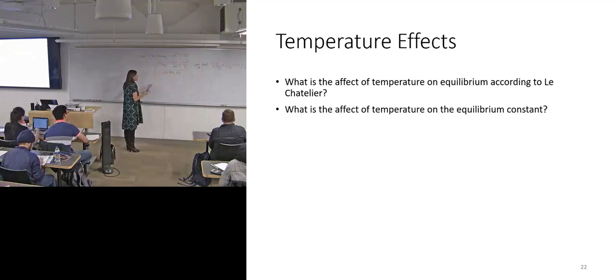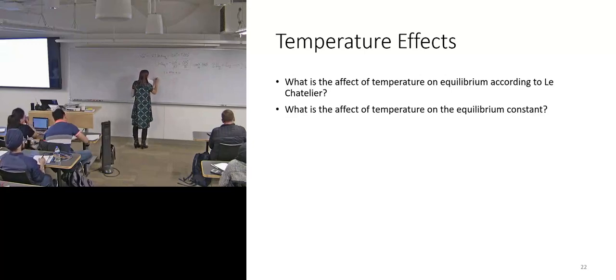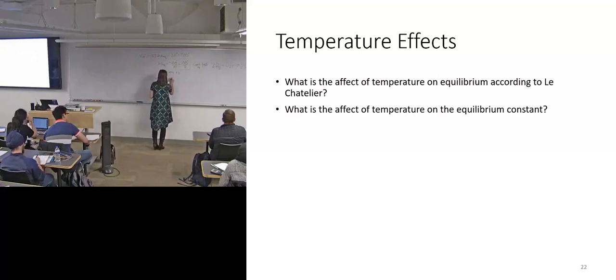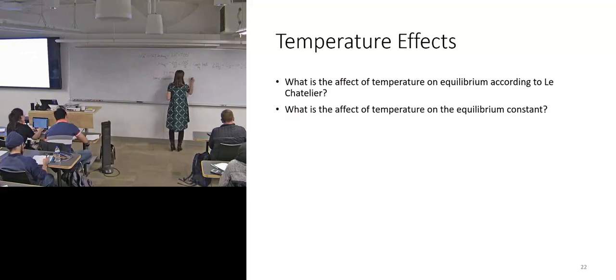And basically what it says is it's describing a linear relationship between natural log of the equilibrium constant and 1 over T. There's a linear relationship that exists between natural log of Keq and inverse absolute temperature, 1 over T.